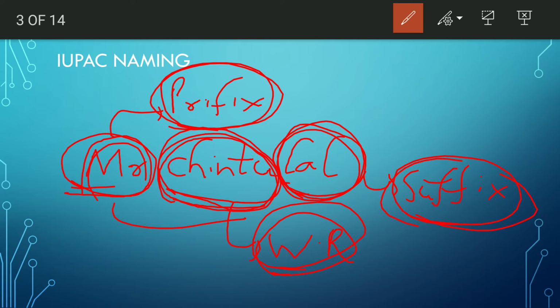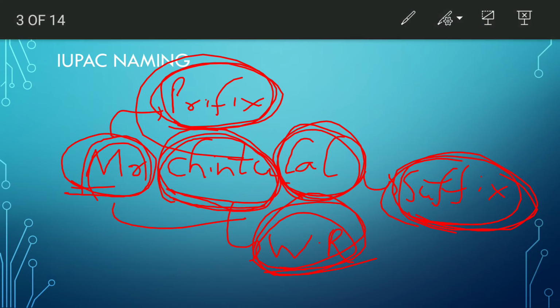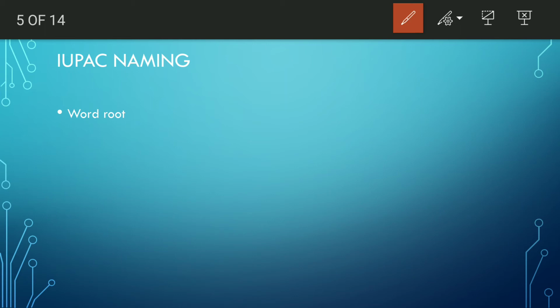So just as a person's name has a prefix, a word root and a suffix, in the same way organic compounds also have a prefix, a word root and a suffix in their name. So let's start with the word root. So what is the word root?